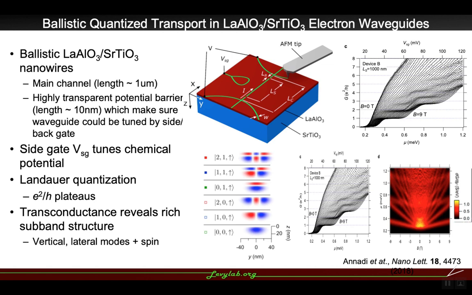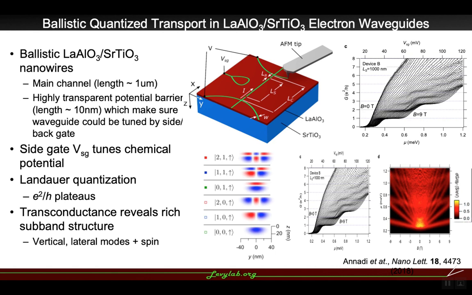And then we could tune it by a side gate. So then we can do some research and see some of its properties. Now you can see there's some quantization of the conductance. It's a Landauer quantization.